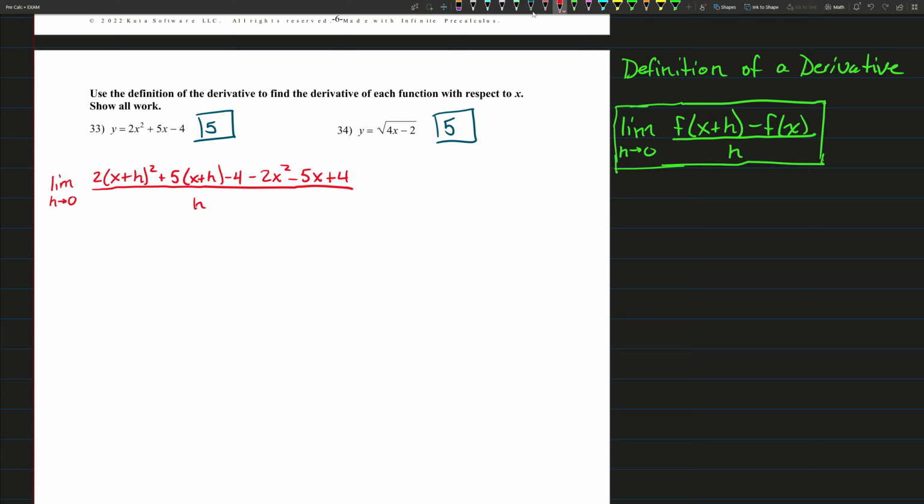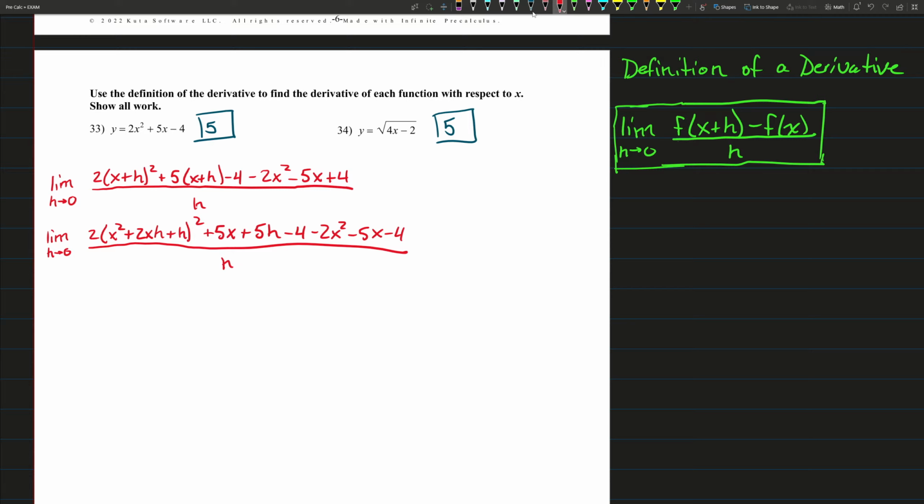And then what we're really trying to do is cancel things out. So this is going to be the limit as h approaches 0 of 2 times x plus h squared, which is x squared plus 2xh plus h squared, and then plus 5x plus 5h minus 4 minus 2x squared minus 5x plus 4. And again, all of this is over h.